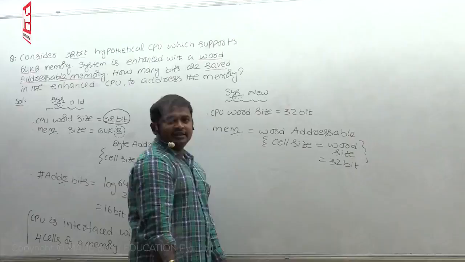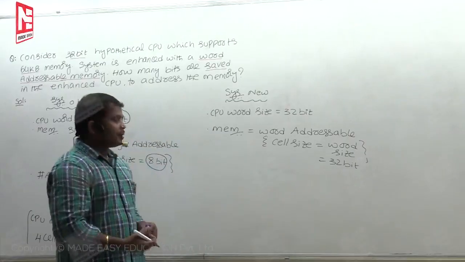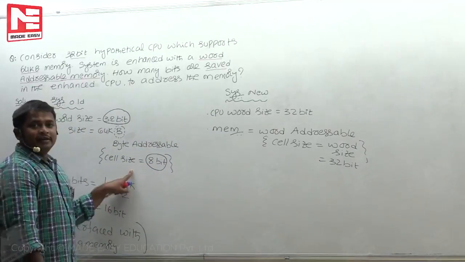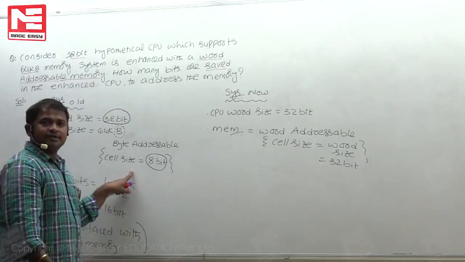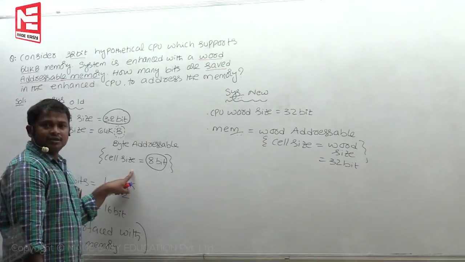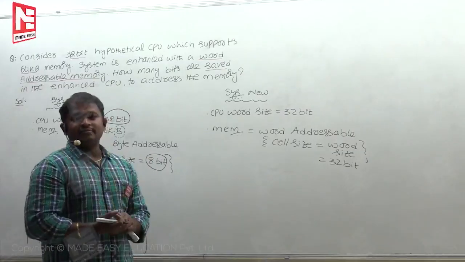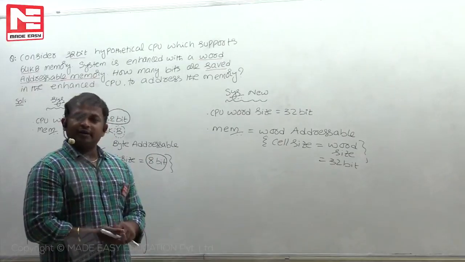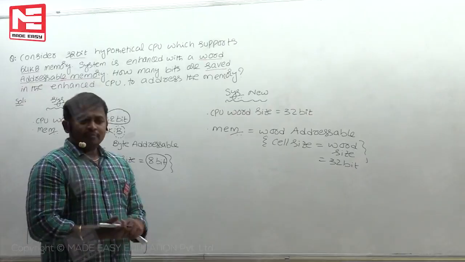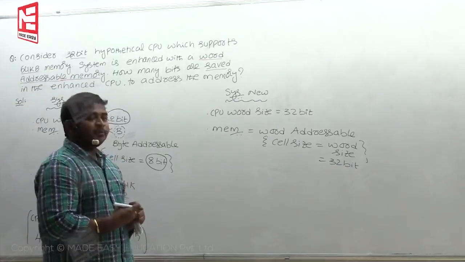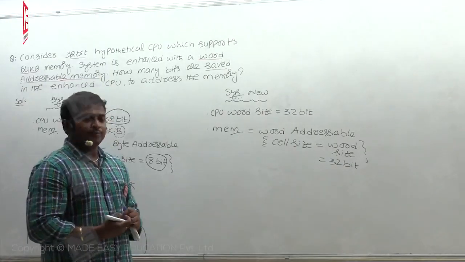Now, to design the 32-bit cell from the 8-bit cell, we need to merge 4 cells into one cell. Is it okay? So, multiple cells are merged into one cell. 4 cells are grouped into one cell. So, multiple subtractions equal the division operation.